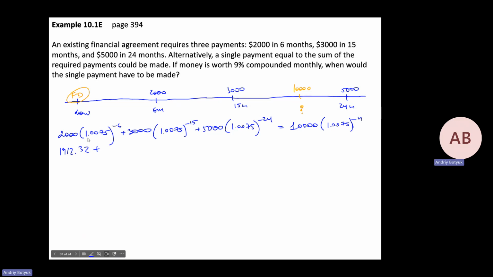Guys, little hint, when you calculate present values, your results should be less than original. Right?